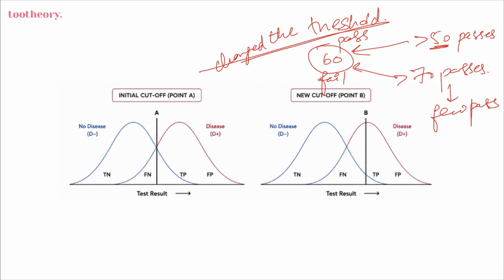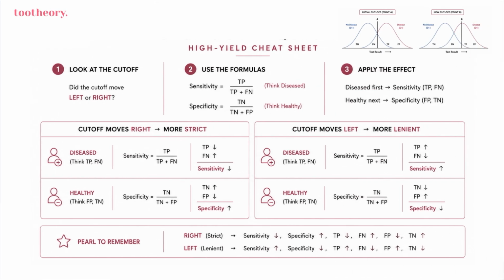Let's look at a high yield cheat sheet that I have created. All you need to do is look at it in 3 steps. Look at the question. The first step: you've got to look whether the cutoff has been moved to the right or to the left. If the cutoff moves to the right, it means the test has become more strict.